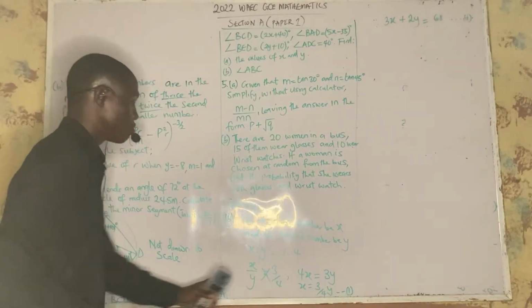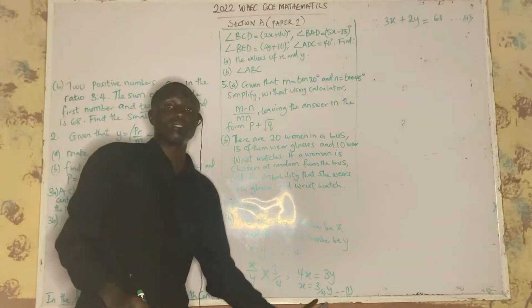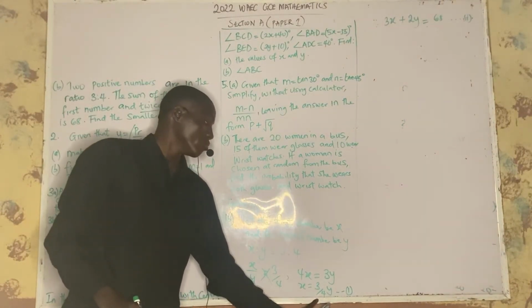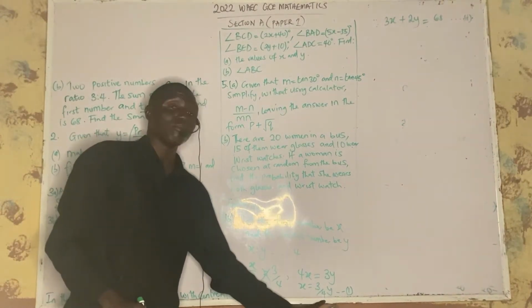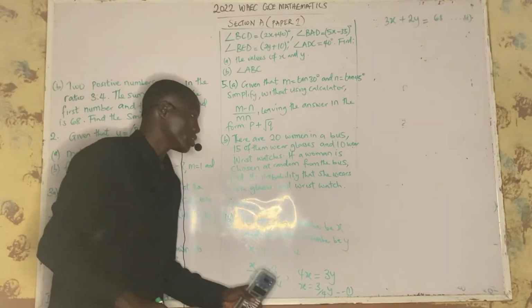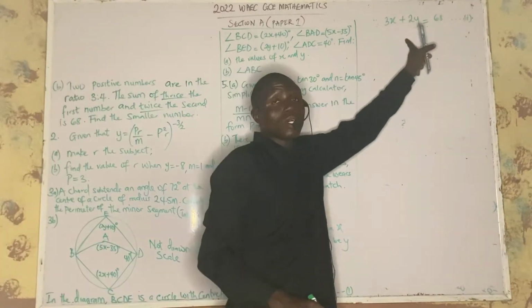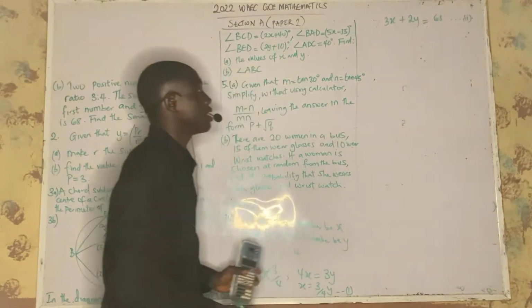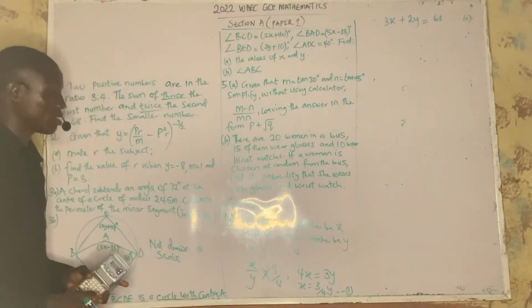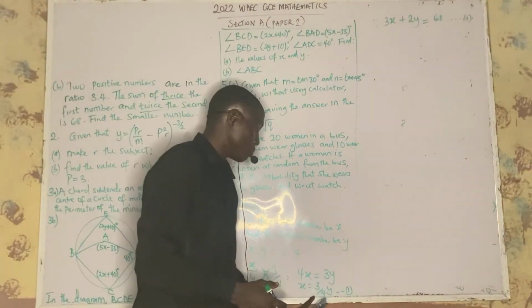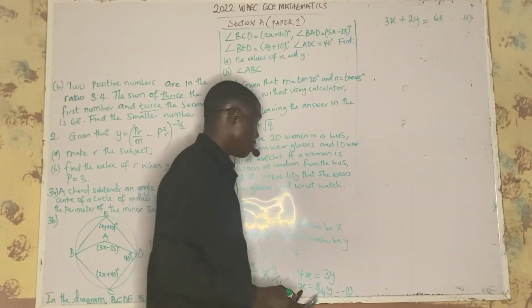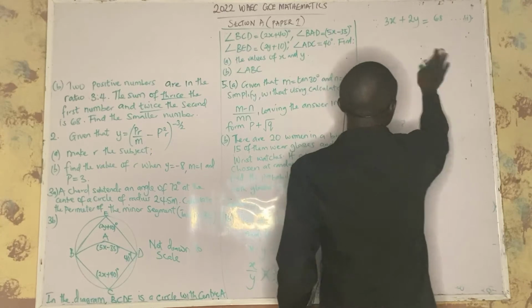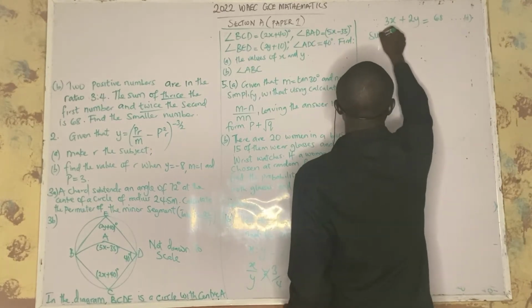Because I know it's going to lead us towards simultaneous equations, I have to express this in terms of y, because we have the second equation to form the simultaneous equations. So what we are going to do now is solve it by substituting 3/4y for x in equation 2.